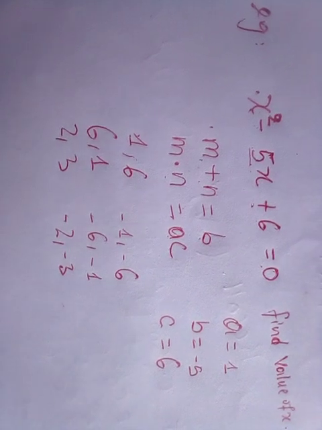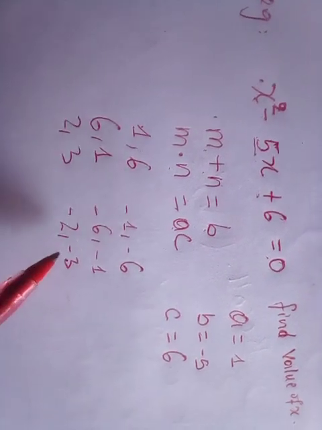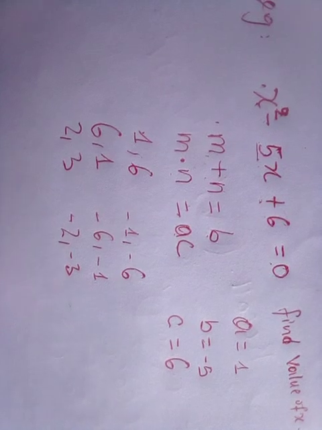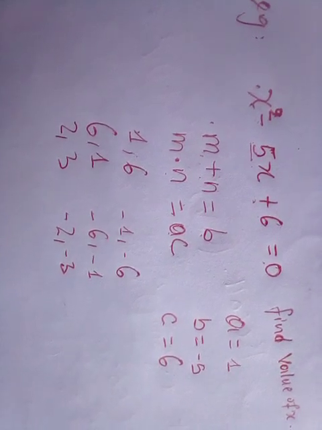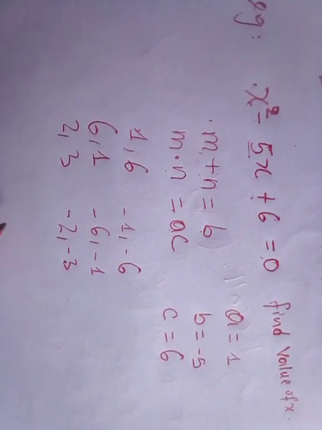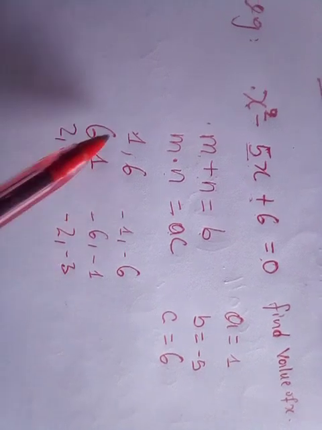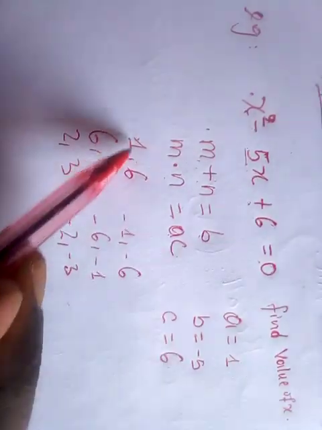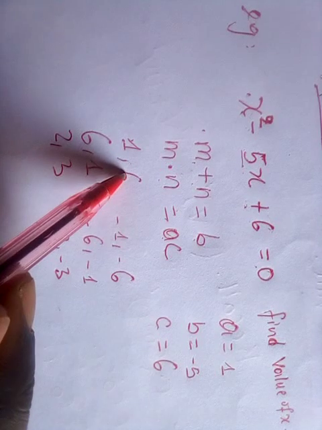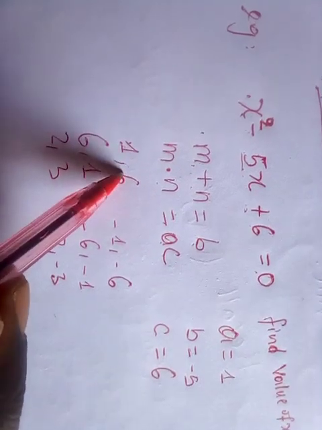The conclusion here: you have to find two numbers that add to get negative 5, and multiply to get 6. Here 6 times 1 is 6, but 6 plus 1 is 7.